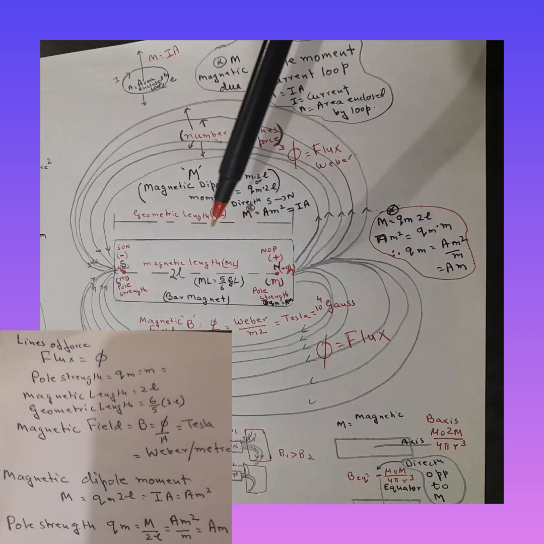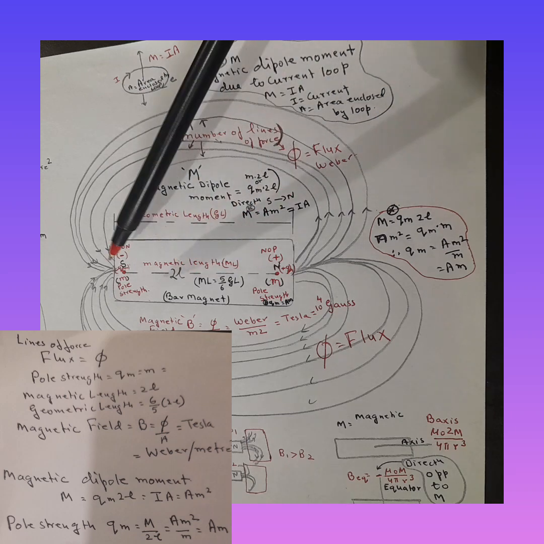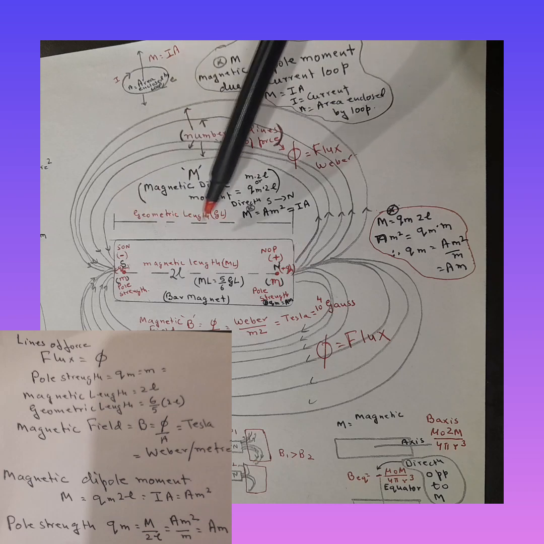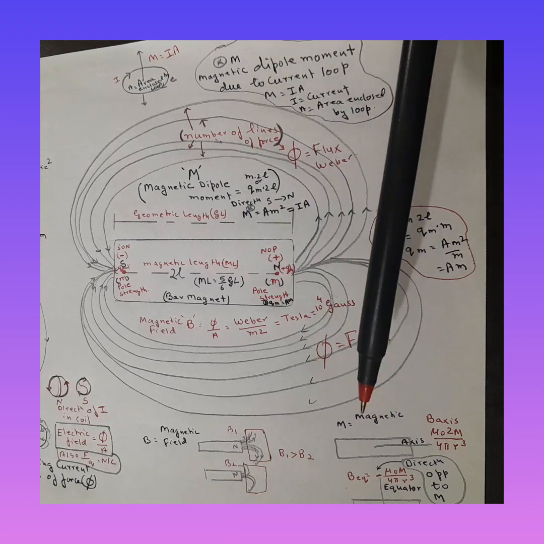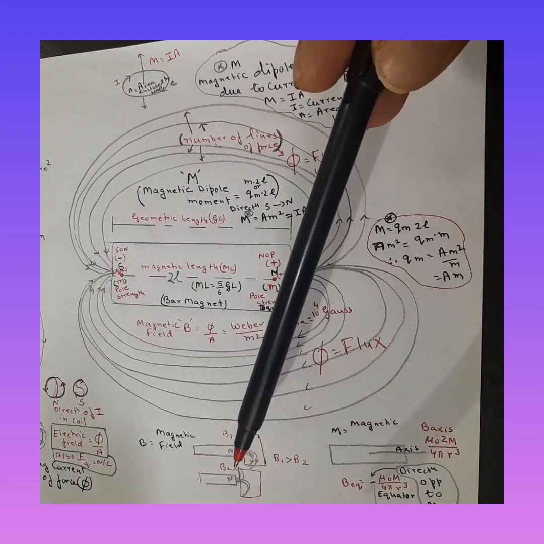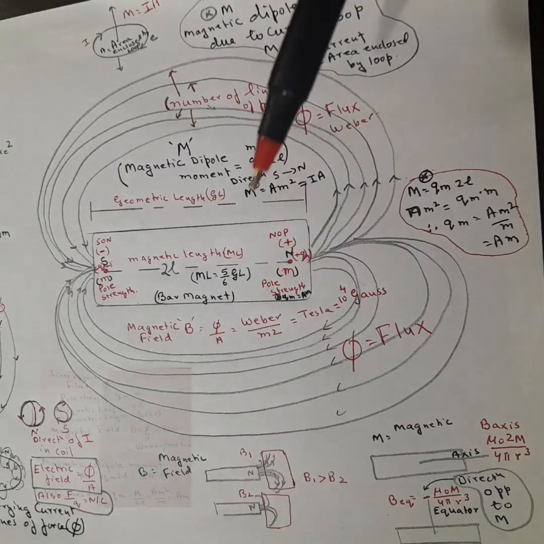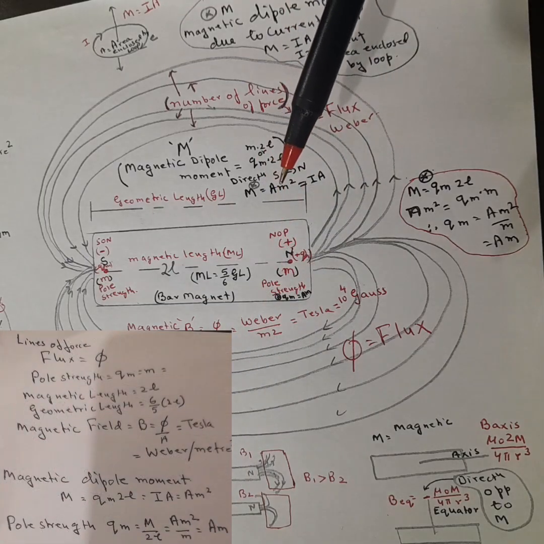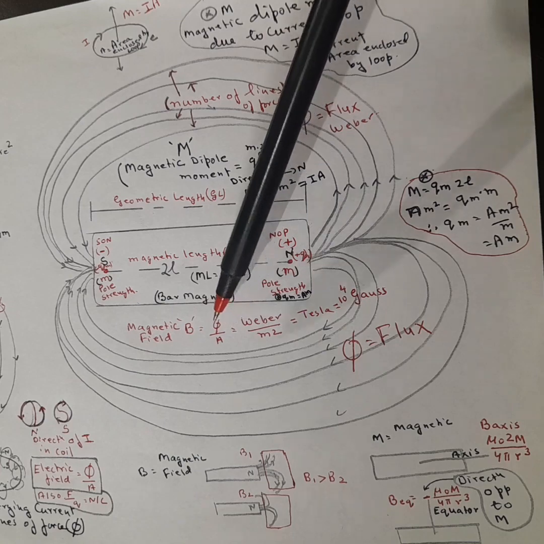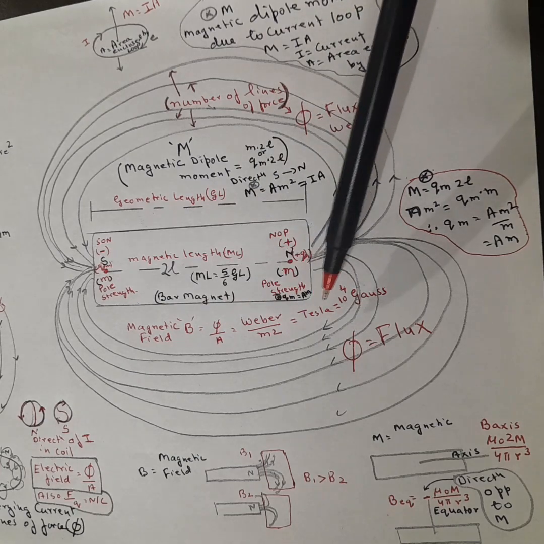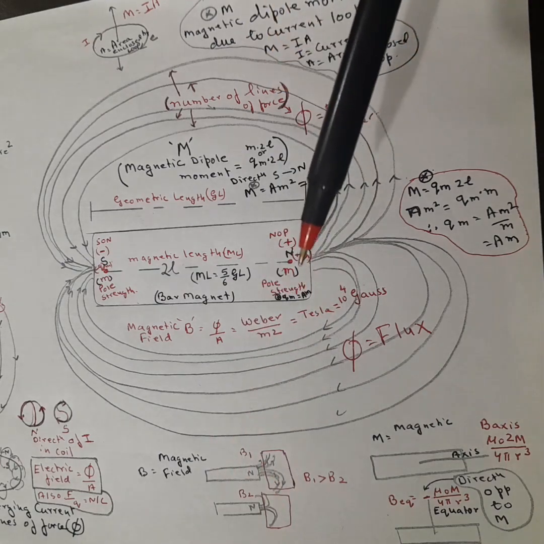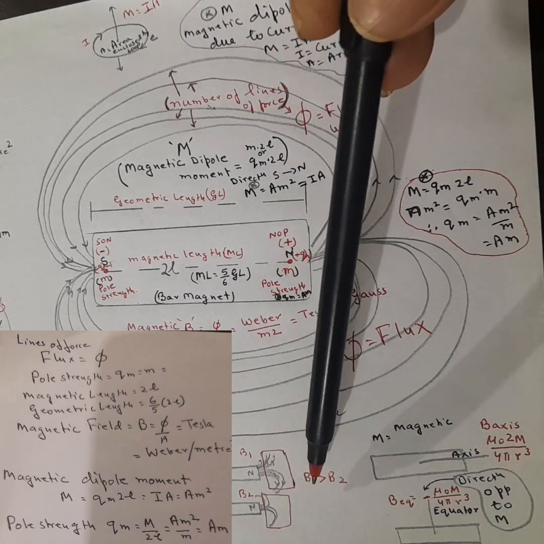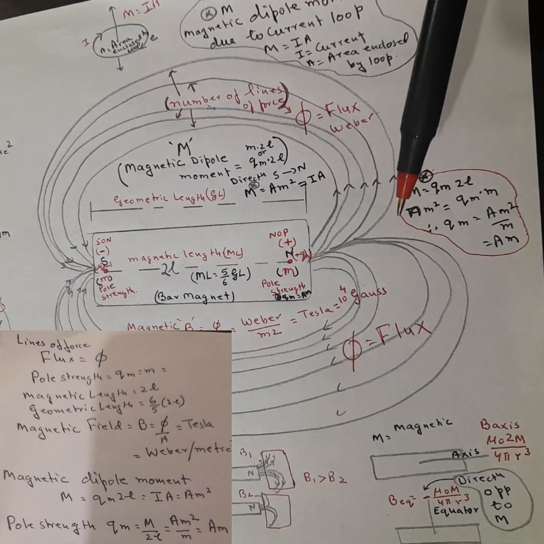Then we talked about geometric length and magnetic length. We found that geometric length was 6 by 5 times of magnetic length. Then we talked about magnetic field B, which was flux over area, Weber per meter square, Tesla. Alright, this is what we saw, and we also understood how B1 was greater than B2.